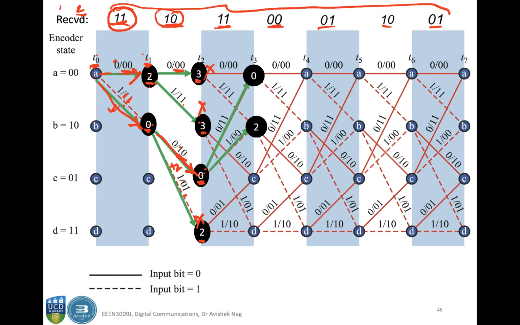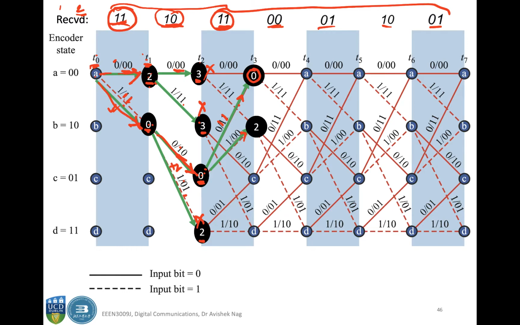Now if you go from here, there are two possibilities along the trellis: either you can take this path or this path. If you take this path, you can see that these 2 bits of the received code word exactly match the output here. So the Hamming distance is still 0, and the accumulated path length is 0.